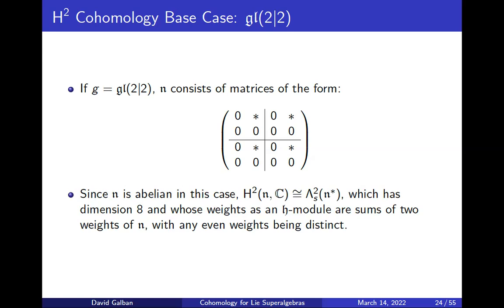And because they're all 0, it'll just collapse. And so the second cohomology is just going to be congruent to C^2, which is just the supersymmetric square of degree 2 on n star. And so we can see what the weights are going to be. They're just going to be sums of 2 weights of n, where any even weights that we're including are distinct. And this is in total going to have dimension 8.